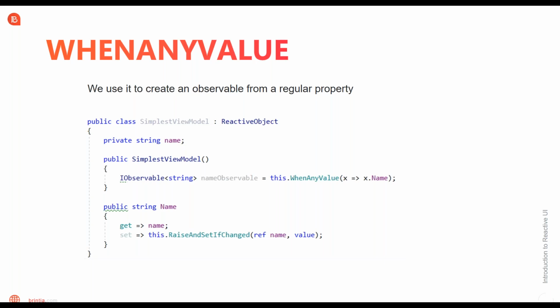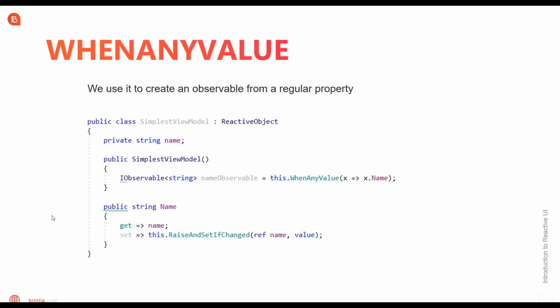Mutable properties are changed by the UI. As I said in the previous slide, these are the plain simple properties that we are so used to define in our view models. And we need some mechanism to handle these changes in a reactive fashion.